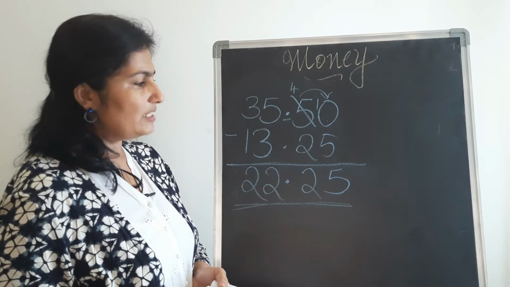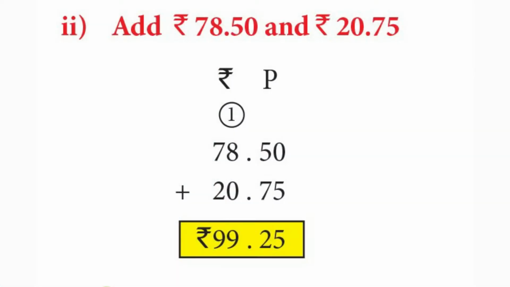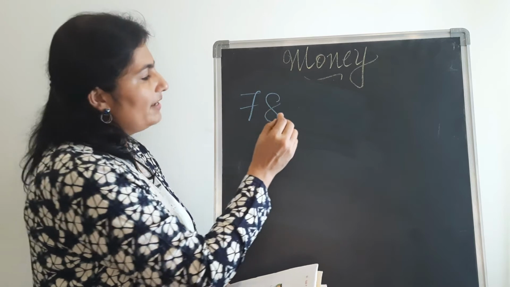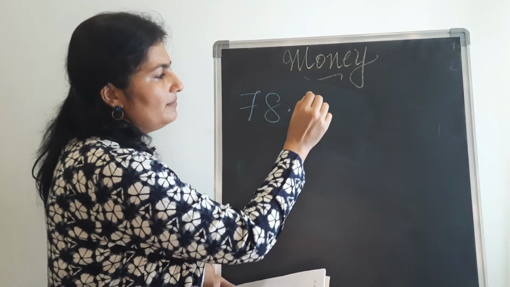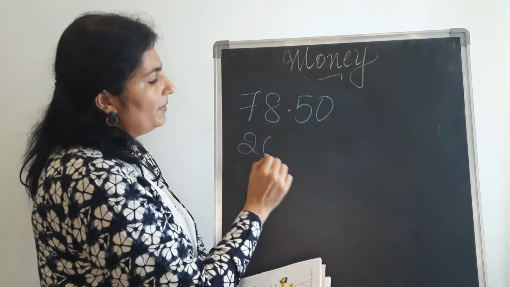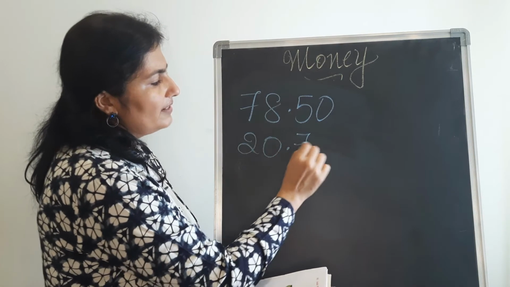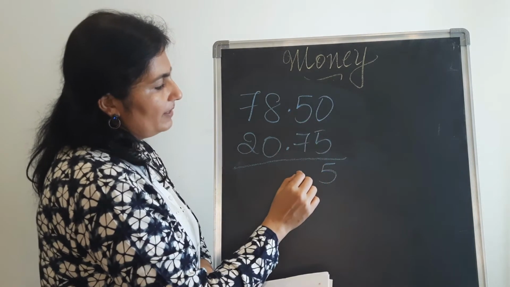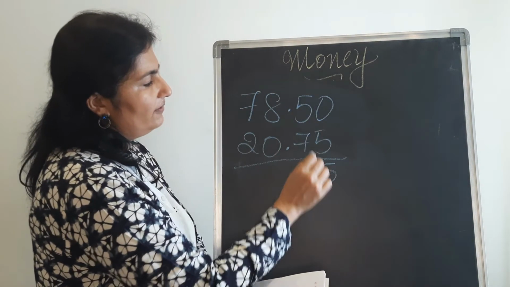So let's see the next page. There is one more sum given. Let's try it. I know the answer is given, the sum is done, but it always helps for you to try it by yourself because it is more practice for you. So 78 rupees decimal 50 paise and 20 rupees decimal 75 paise. 5, 7 plus 5 is 12.